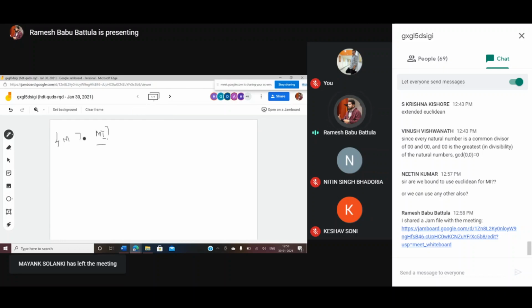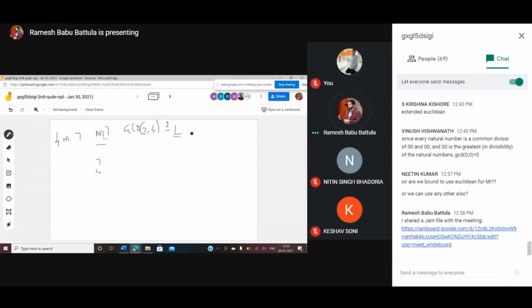Suppose you choose 7 as A, then your B is going to be 4. First you need to check whether GCD of 7 comma 4 is equal to 1 or not. If it is 1, then a multiplicative inverse value exists. If it is not 1, you need to declare immediately that there is no multiplicative inverse value. If it is 1, definitely a multiplicative inverse value is going to exist.